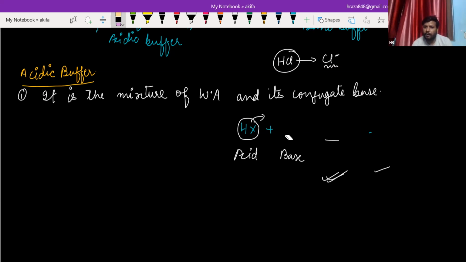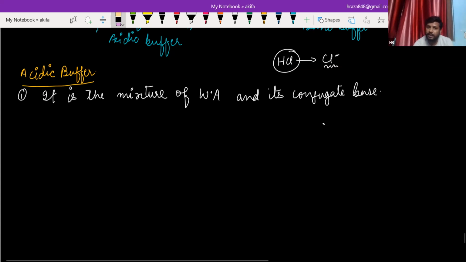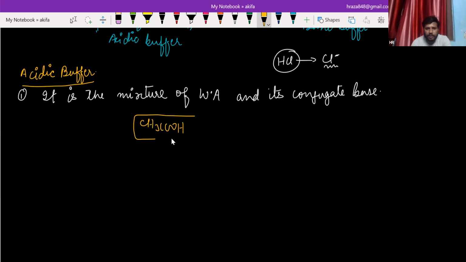there must be a weak acid and conjugate base of that weak acid. I have written it all in a strong electrolyte and a weak electrolyte, a strong acid and a strong base, and you can keep that in mind, which is a strong acid and which is a strong base. Now see, we have CH3COOH. What is this, acid or base? Acid.